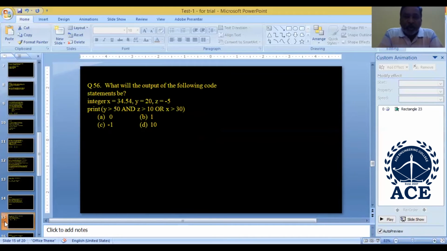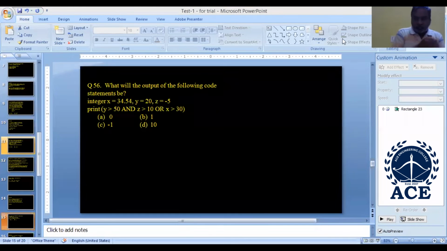What will be the output of the following code statements? Now, we'll take another question. What will be the output of the following code statements? Integer x is equal to 34.54, y is equal to 20, z is equal to minus 5.